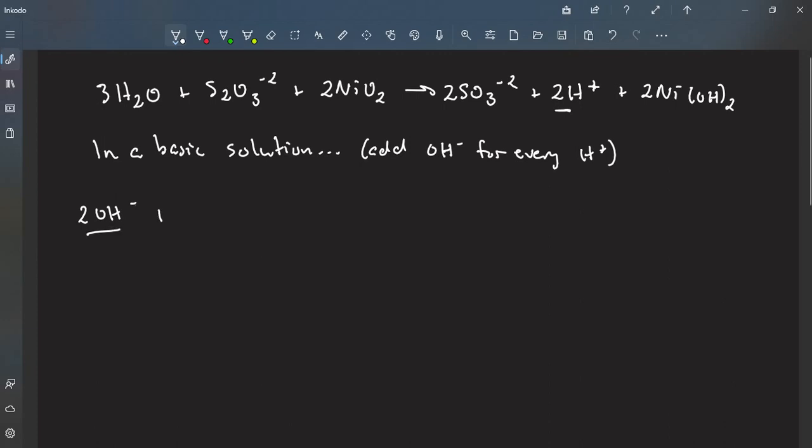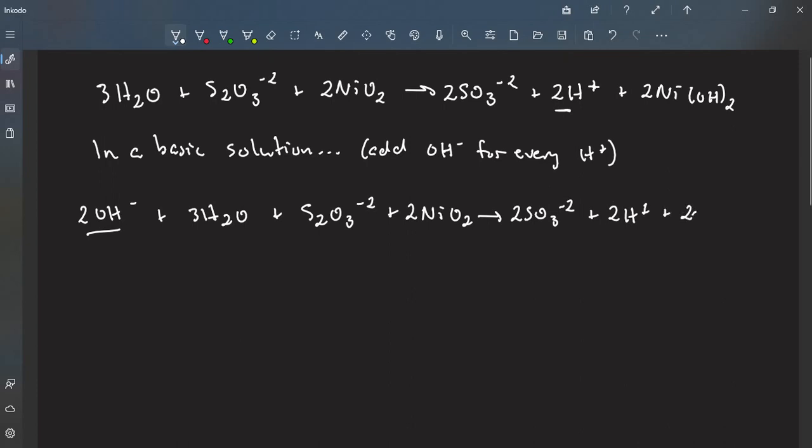Right, that's a new step here, or the new addition here, and everything else I'll leave the same for now. And this is where I've added the 2 OHs, which meant that I have to add 2 OH on the left. And I'm going to have to write this last part here just a little below, because there isn't room.